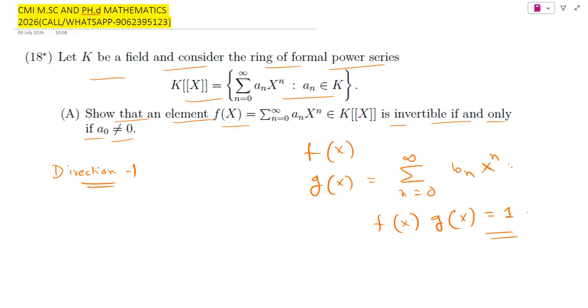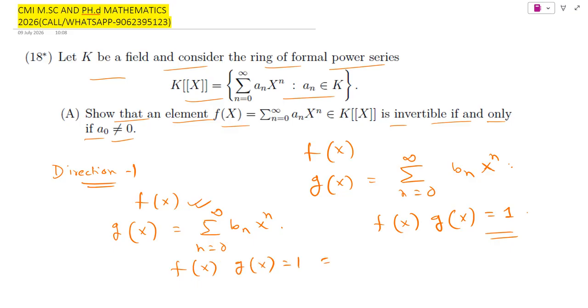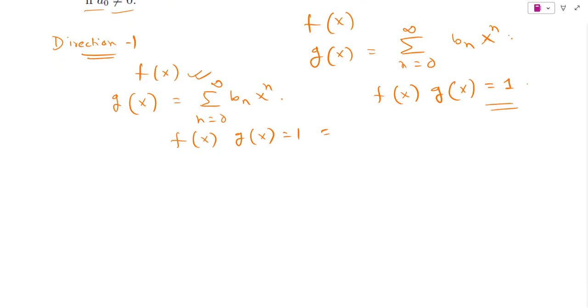So suppose f(x) is invertible, then there exists another series g(x) such that f(x)g(x) equals 1. Now compare the constant term on both sides. The constant term of the product is basically a0 b0.